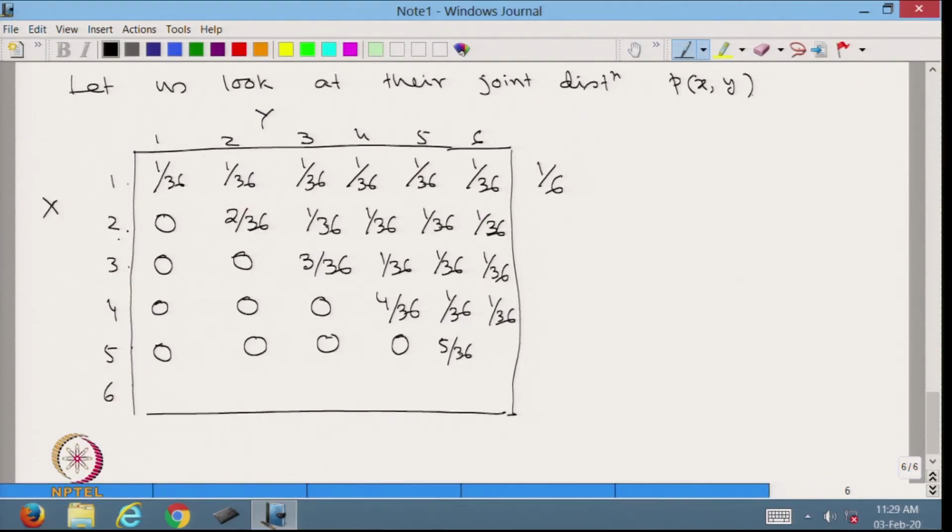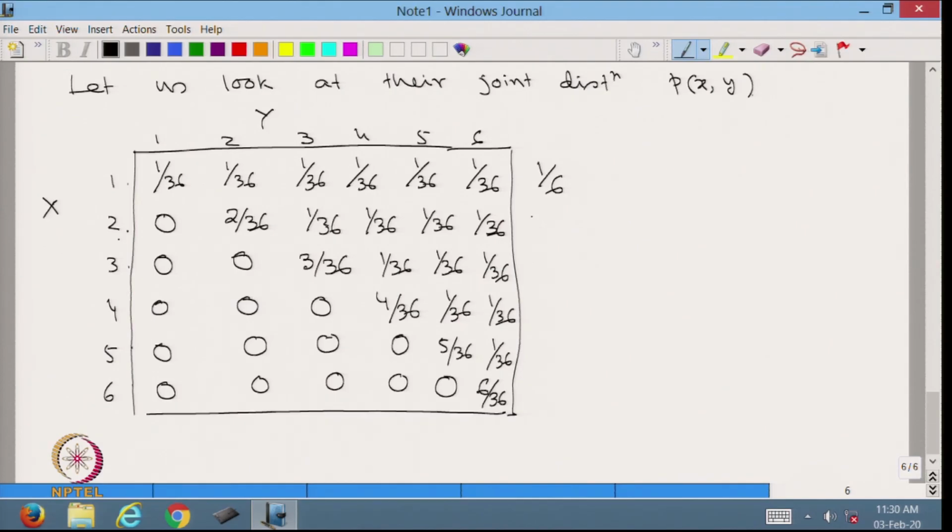Therefore, 5 by 36, and 1 by 36. When X is 6, then for all possible values of X1, we get Y is equal to 6, with probability 6 by 36.